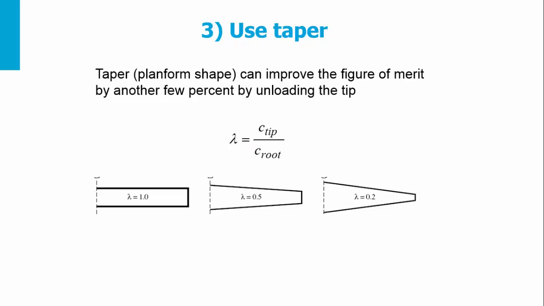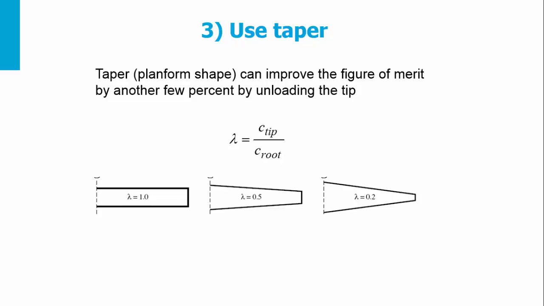We can use taper. If you remember, taper is defined as the ratio between the chord at the tip of the blade and the chord at the root of the blade. Using taper can improve the figure of merit also by a few percent because it is unloading the tip.